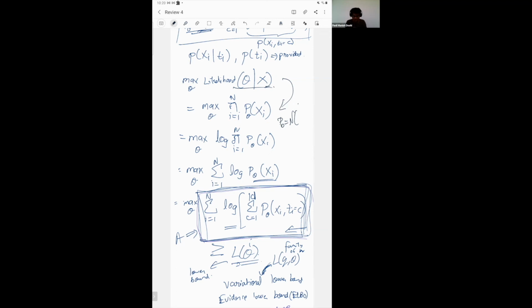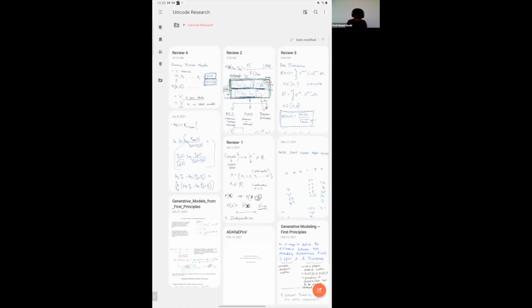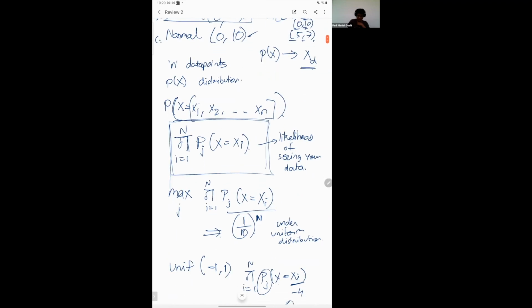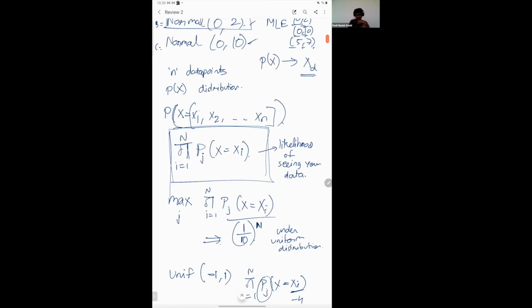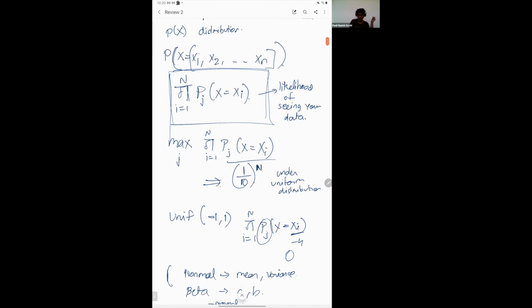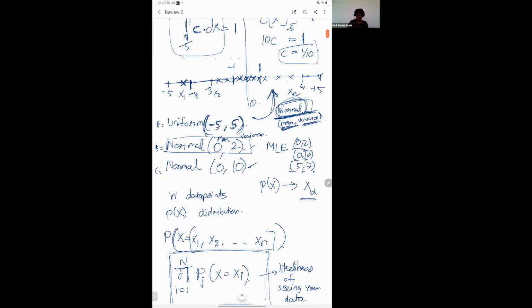In review 2, I think we did this maximum likelihood estimate. The likelihood of seeing your data is just the probability over your parameters theta, and we multiply all of these x equals xi together.